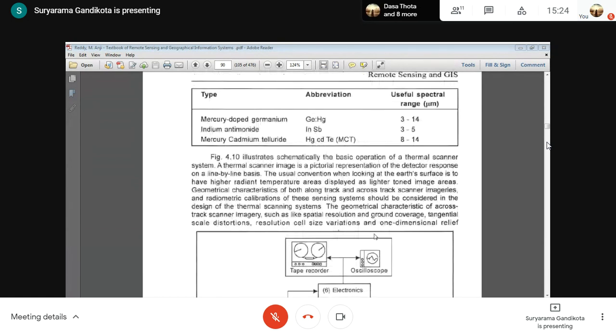So there is a figure given here which illustrates the basic operation of a thermal scanner system. How the thermal scanner works. The thermal scanner image is a pictorial representation of the detector response on a line-by-line basis.